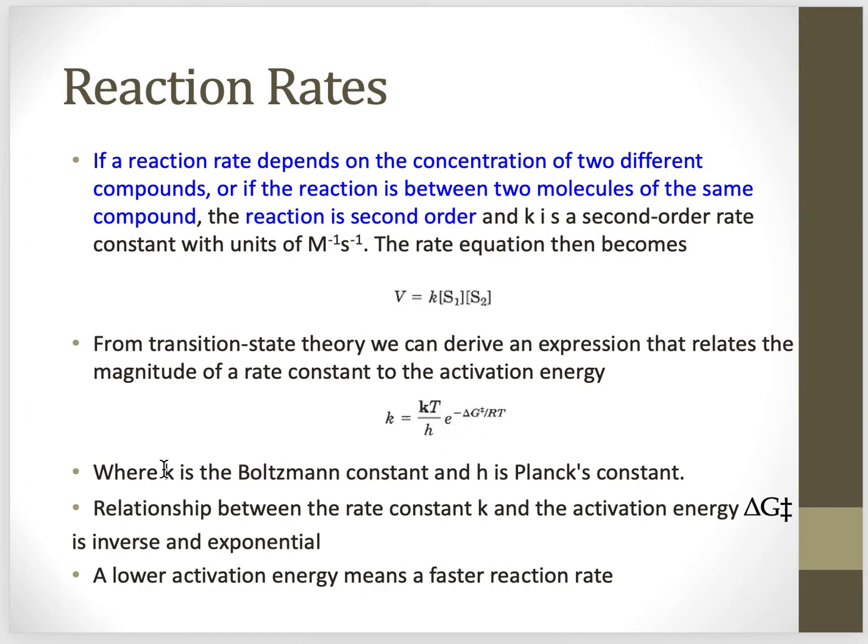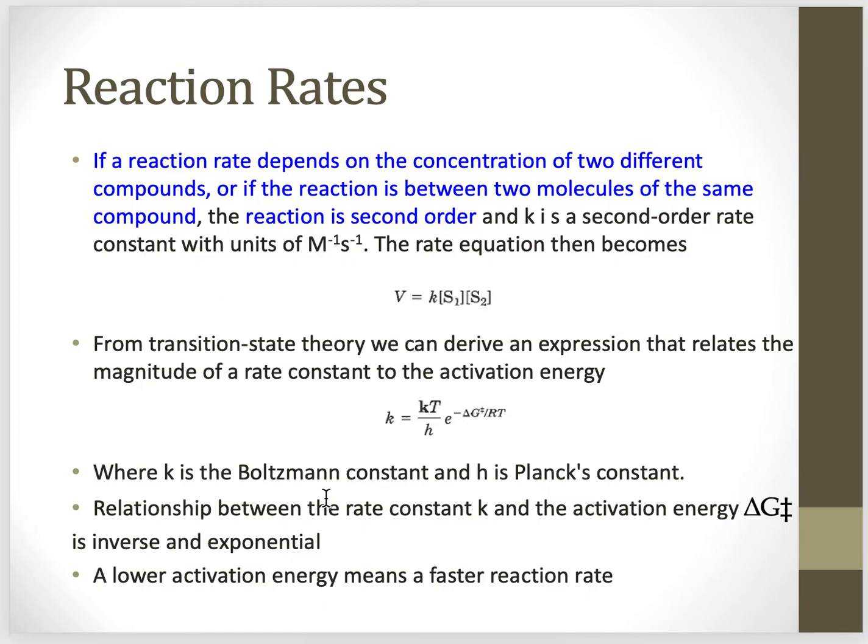Here, a new k came in, so these two k's are not the same. One is the rate constant, and the other is a different constant: this k is the Boltzmann constant, and h is Planck's constant.